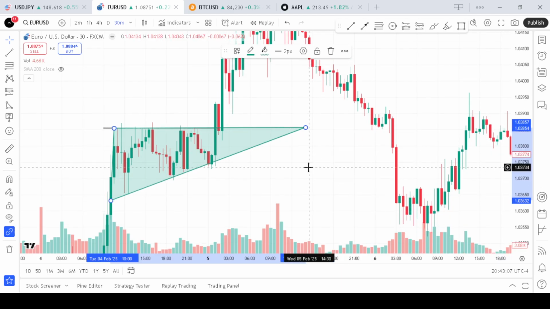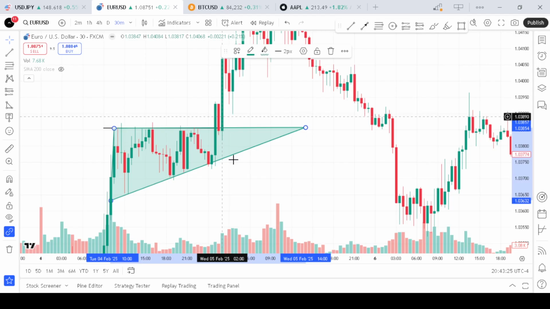So we would enter a long position when price breaks out of the horizontal resistance area. We can enter immediately price breaks out from the resistance area. This pattern typically signals bullish continuation, so you wait for the break above the resistance with increasing volume.